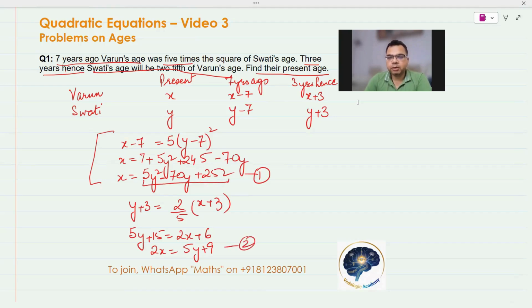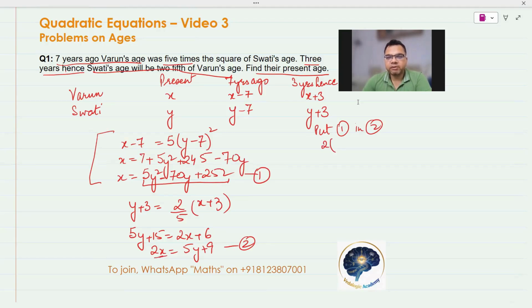We are going to put first into second. So you have to always write down whatever changes or calculation that you're doing, you have to mention that we put first in second. So I know the value of x, so I'm going to put it here. So 2x, right?